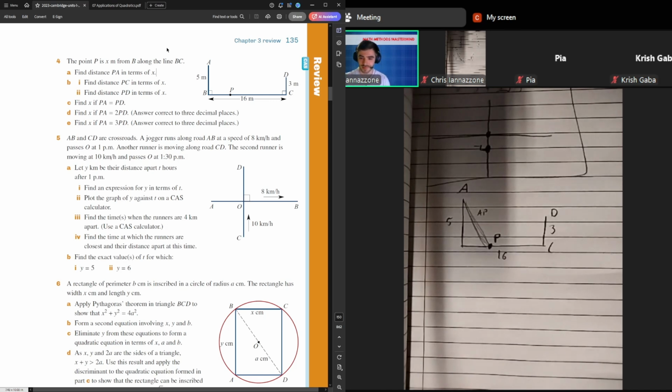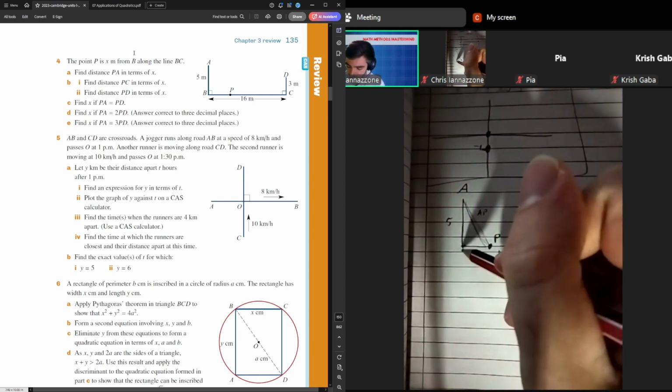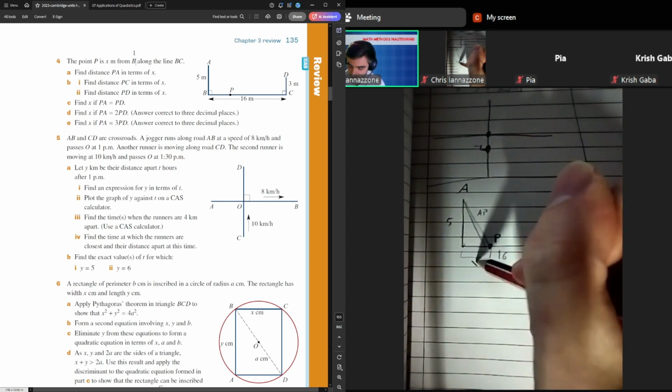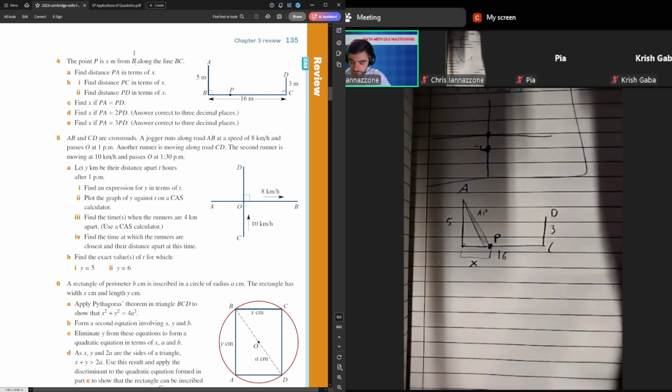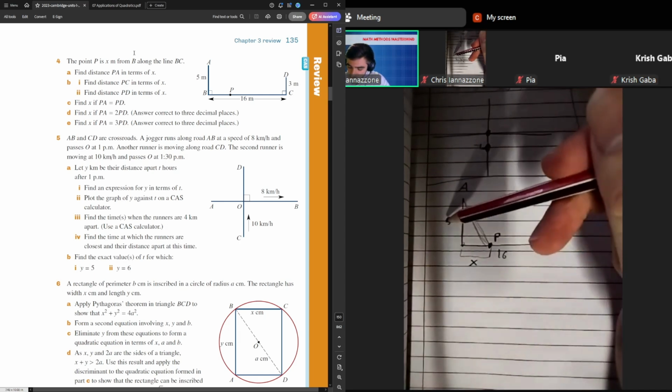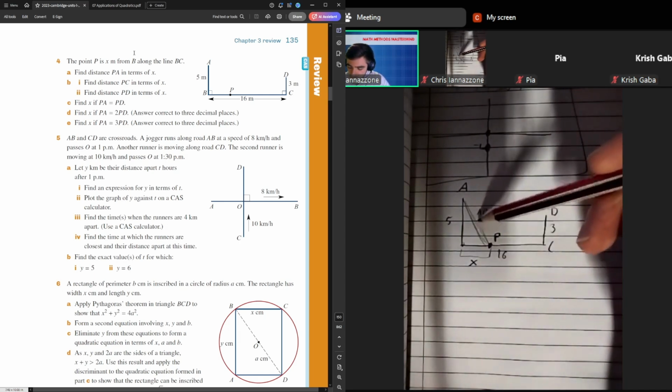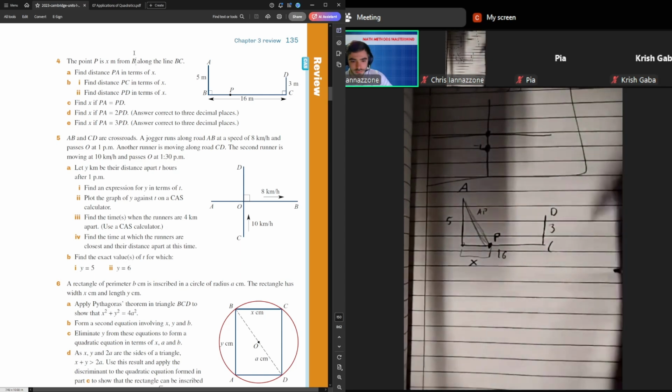I'm not sure what. Oh, hang on. It says B is x meters from P, hence the bottom is x. Precisely. So there's this statement up here. The point P is x meters away from B. And so if you take B as your origin, essentially, it means that this distance here is x. So when you think about all the sides of your triangle now, if this is your A, this is your B, and this is your C, because C is the hypotenuse, then now we've got our Pythag all sorted.